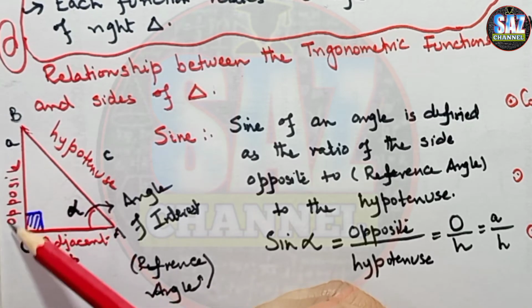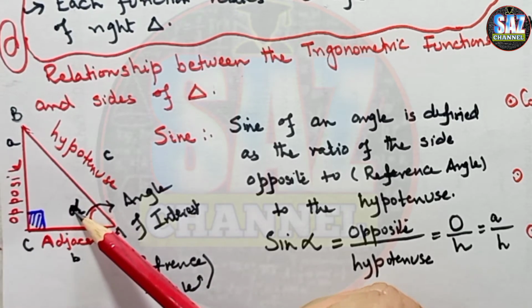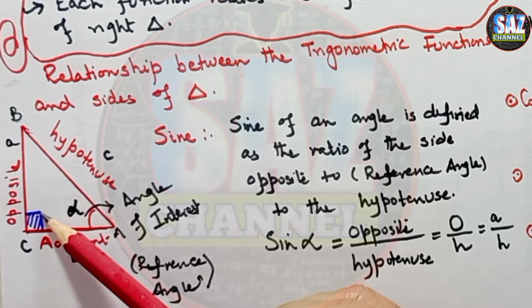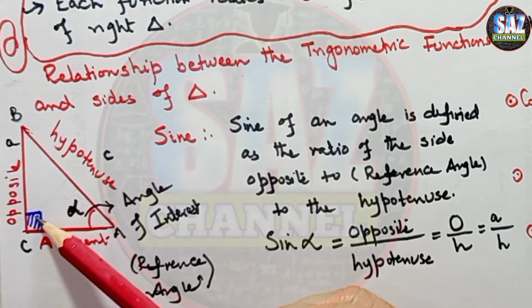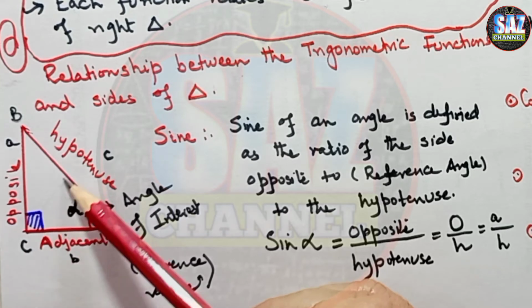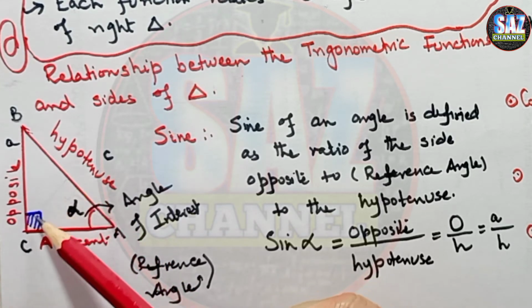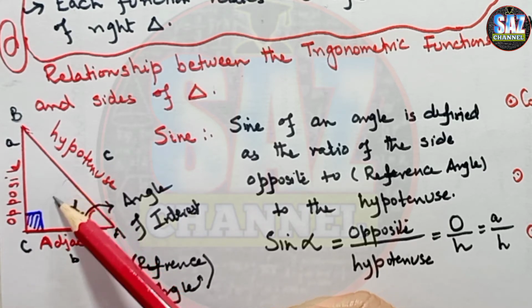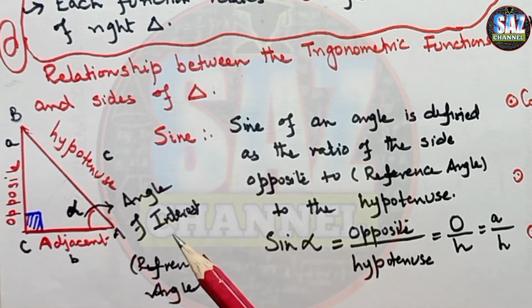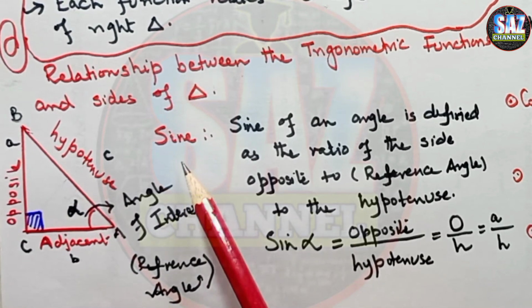This is opposite or height with reference to this acute angle. This side will remain the same: it is the hypotenuse because it is the side in front of the 90-degree angle, and it is the longest side of this triangle. Coming to how to write and define these trigonometric functions.